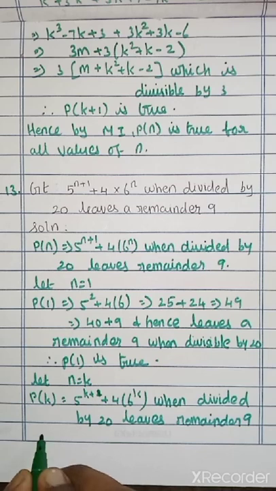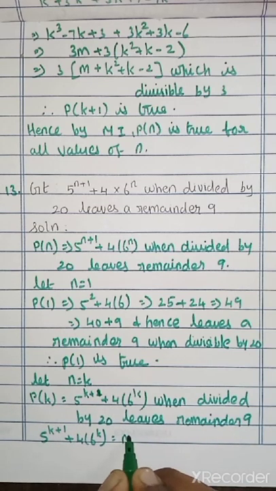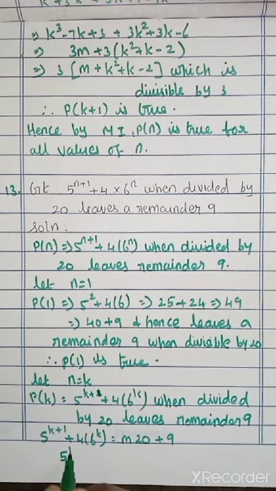That is, how can we write this one? 5 power k plus 1 plus 4 into 6 power k equal to some scalar of 20 leaves the remainder 9, correct? So m of 20 plus 9. Is that right? So from this step we can write 5 power k plus 1 equal to, taking the remaining term to that side, 20m plus 9 minus 4 into 6 power k.